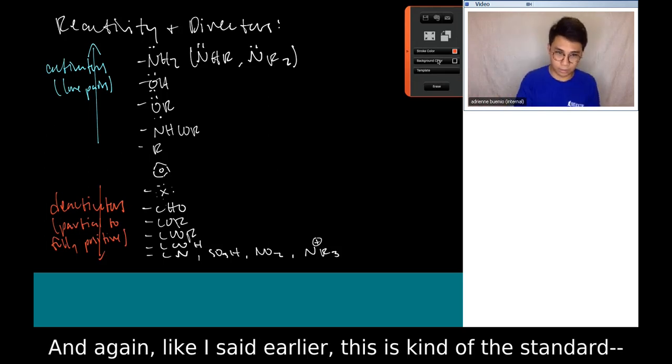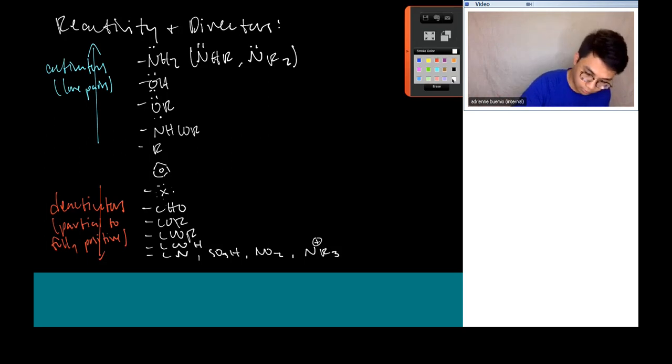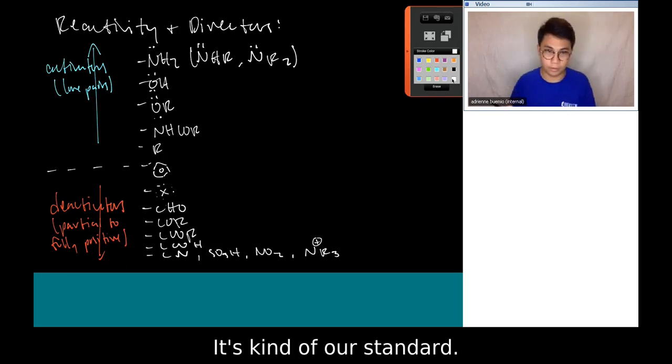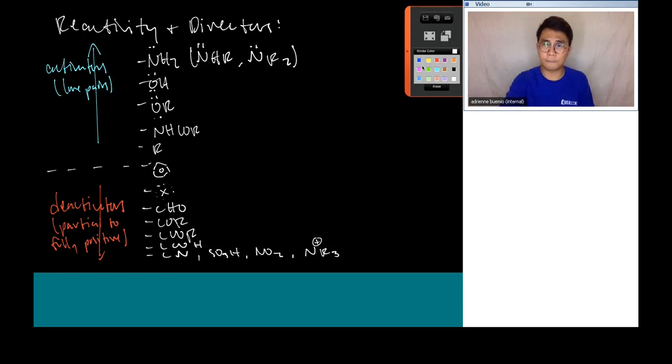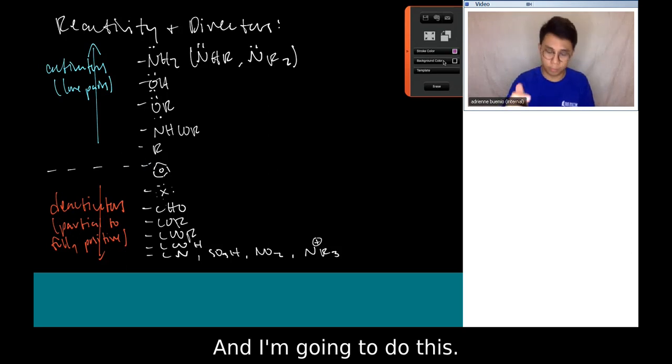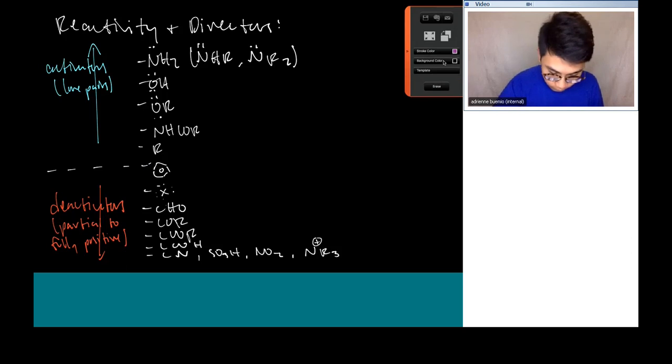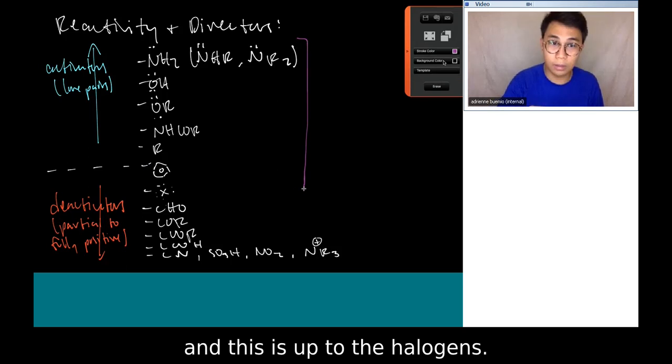And again, like I said earlier, right? This is kind of the standard, the benzene. It's kind of our standard. And now there's another kind of separation. I'm going to do this. These are going to be, and this is up to the halogen, right?